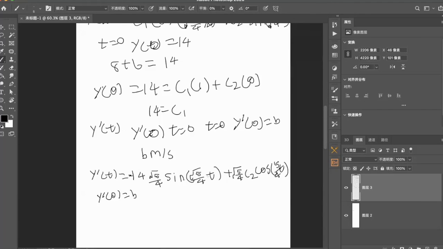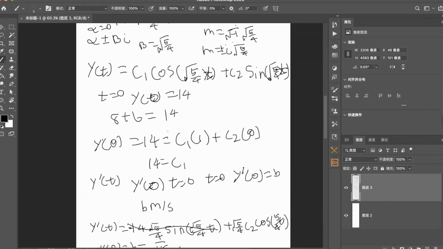We know that sine 0 becomes 0, so this part does not matter, and this cosine 0 will just be 1. So b will equal square root of 5 over 4 times c2. So c2 will be 4b over square root of 5, or you can say 2b over square root of 5.